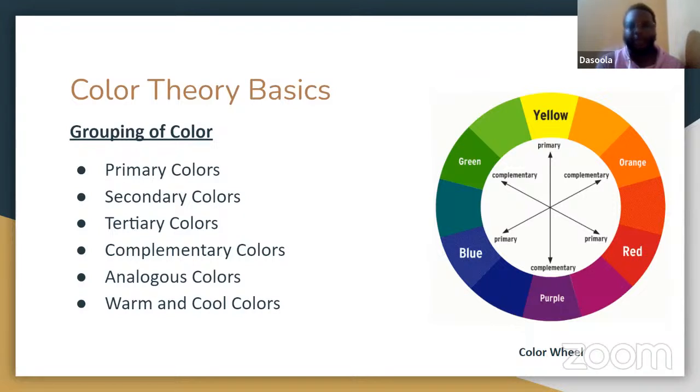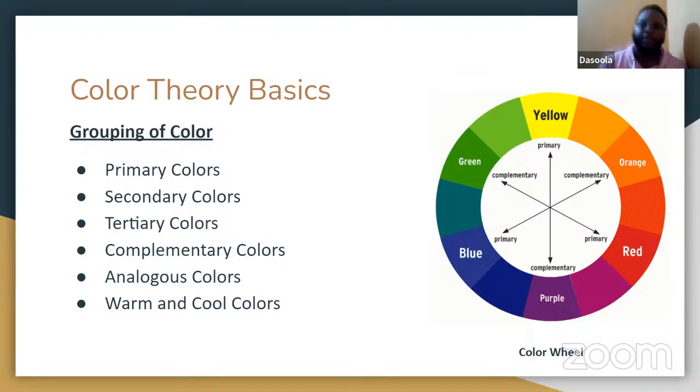So whether it is the primary colors, which are the basic colors that we all know, red, yellow, and blue. Those are the primary colors. Then secondary colors that are combinations of two primary colors. Then you have analogous colors that neighbor each other. For example, green and yellow green are colors that are right next to each other on the color wheel.